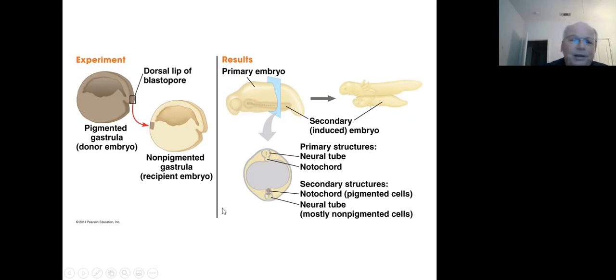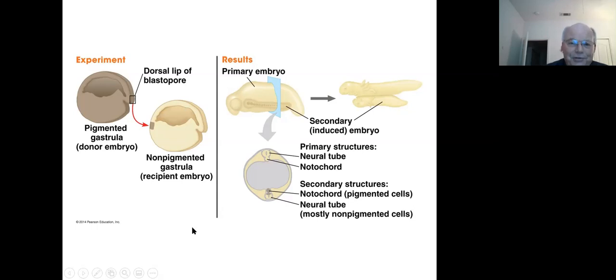And this is something that has been more recently recognized in the last 20 years or so. And we're still working on understanding inducers. We now know that there are other inducers involved. The dorsal lip of the blastopore is not the only inducer that we know of.